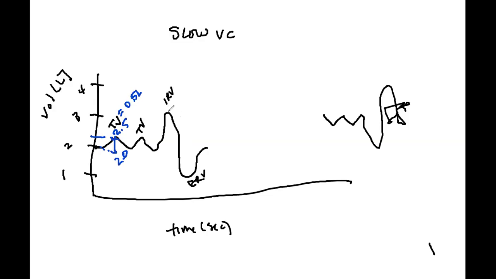How would you calculate the IRV then? So remember, inspiratory reserve is how much you can inhale past normal. So normal was the peak of your tidal volume, which was 2.5, right? And then the peak of your inspiratory reserve, let's say this was 3 liters.